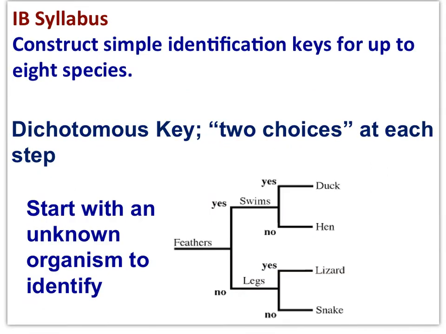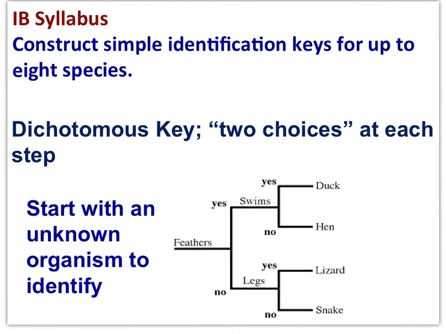Here is an example of a key, a dichotomous key. Dichotomous, two choices at every step. Pay attention, two choices at every step. Start with an unknown organism to identify and ask, does it have feathers? Yes or no? Does it swim? Yes or no? Or does it have legs? Yes or no?